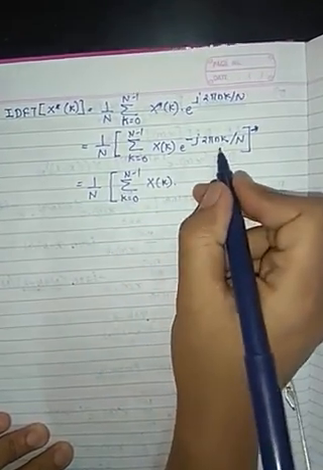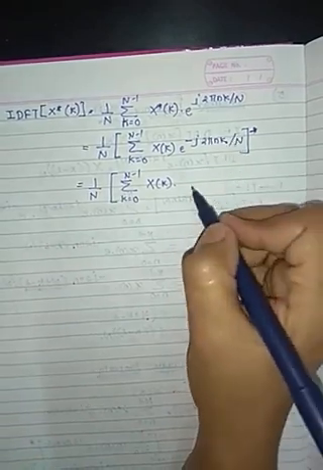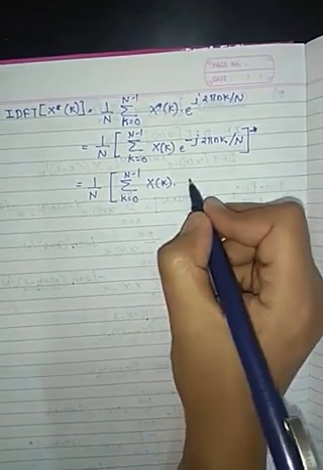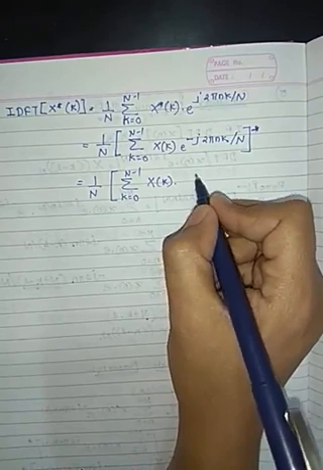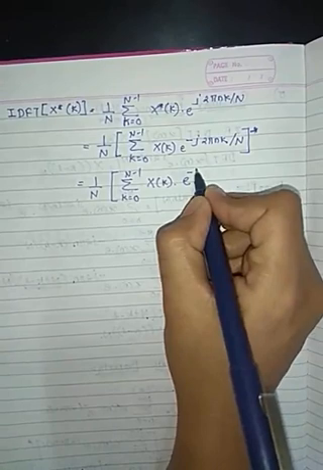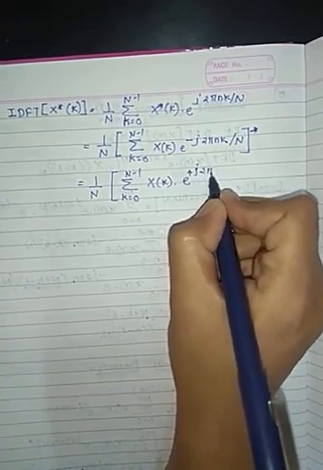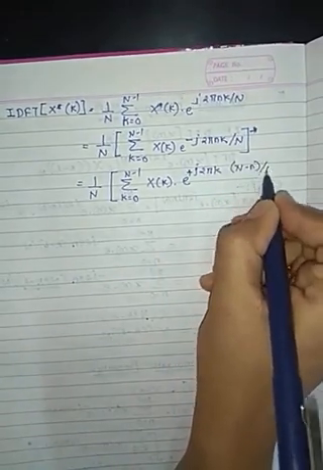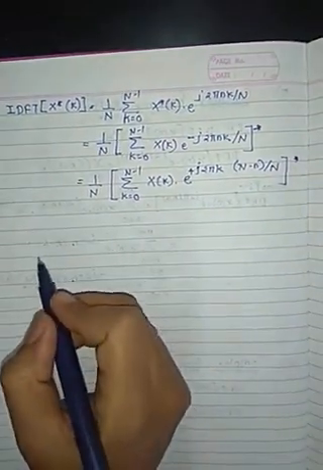Again in the same manner, we multiply the whole equation by e raised to j 2 pi, which has no effect on the equation. By multiplying, it becomes e raised to j 2 pi k into (N minus n) divided by N, complex conjugate.